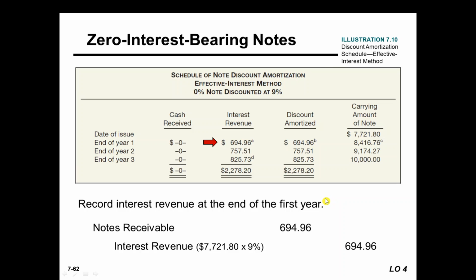If we use a T account here, we will have 10,000 as our carrying amount of the note.